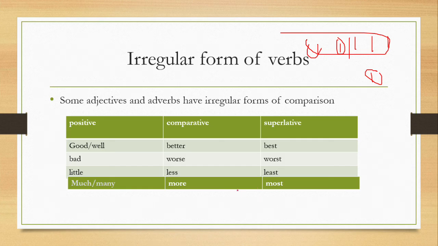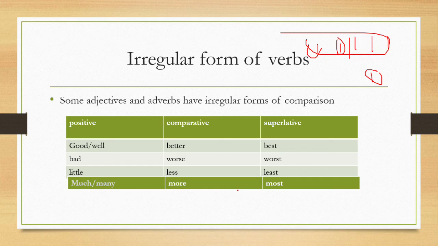Again, pause the video, please. Come up with 2 irregular forms which do not agree with those rules we have talked about. Then write how they change under comparative and under superlative.